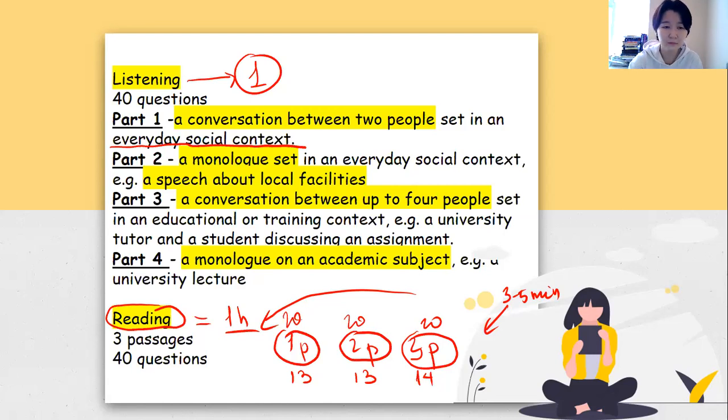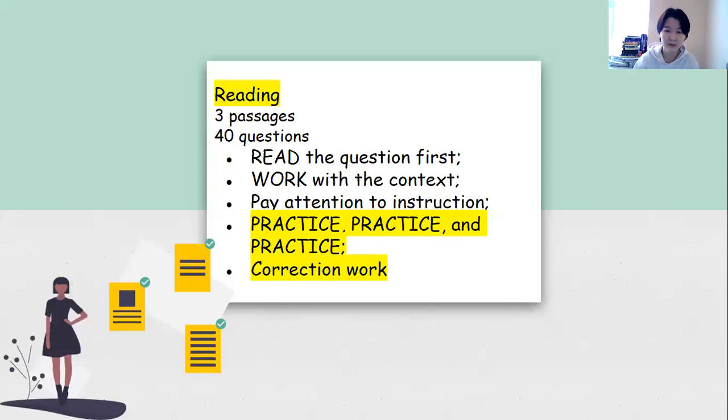So yeah, here are some general tips on how to overcome the challenges of the reading section. The first one: do not try to read the text first and understand it fully. You don't need that.